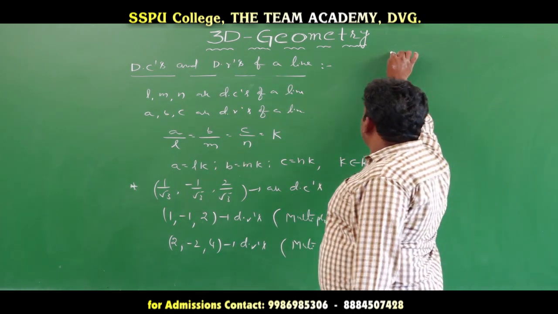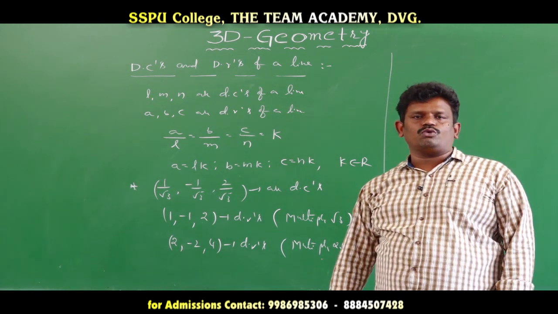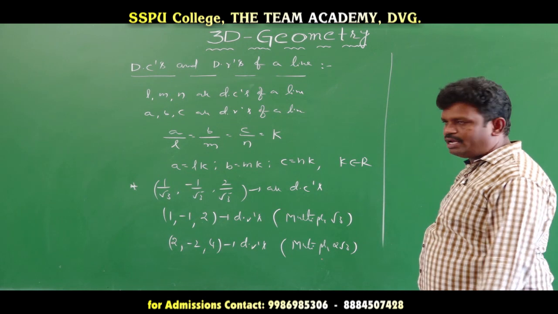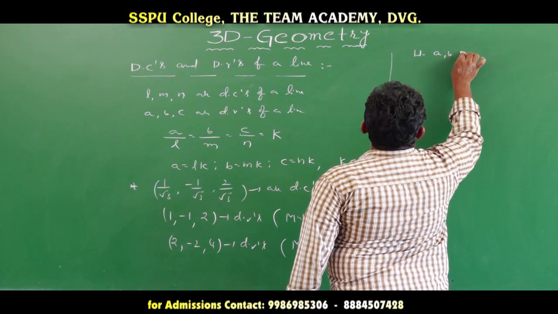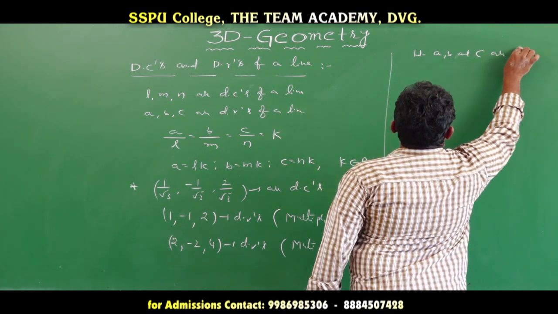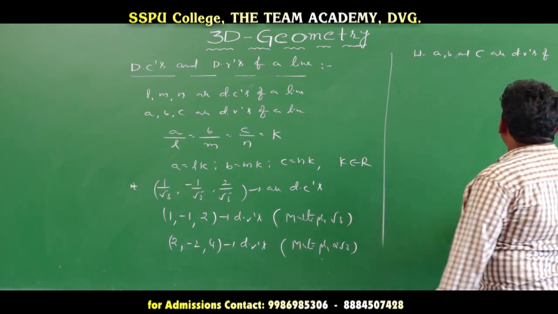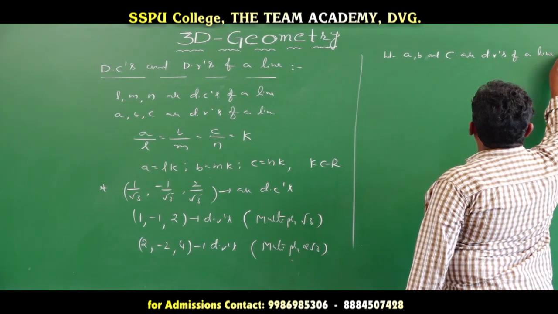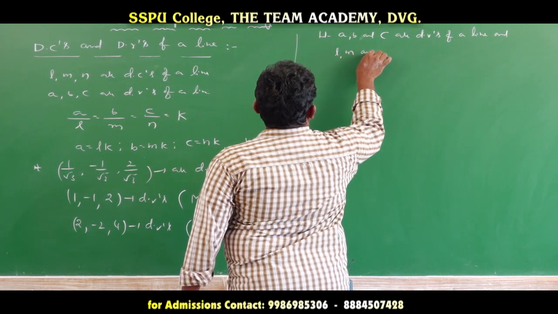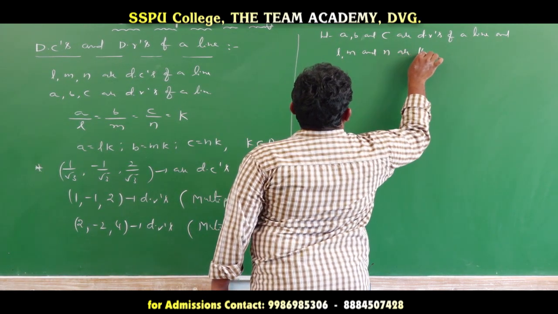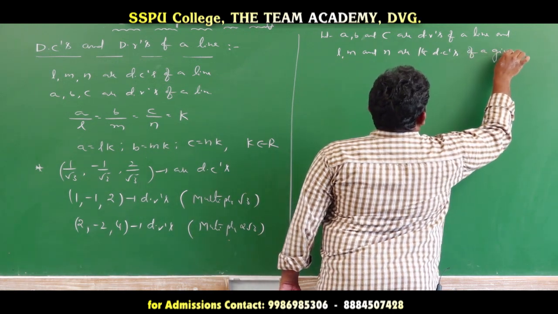So the next concept is to obtain the direction cosines from direction ratios. First we take: let a, b and c be the direction ratios of a line, and l, m and n be the direction cosines of the given line.